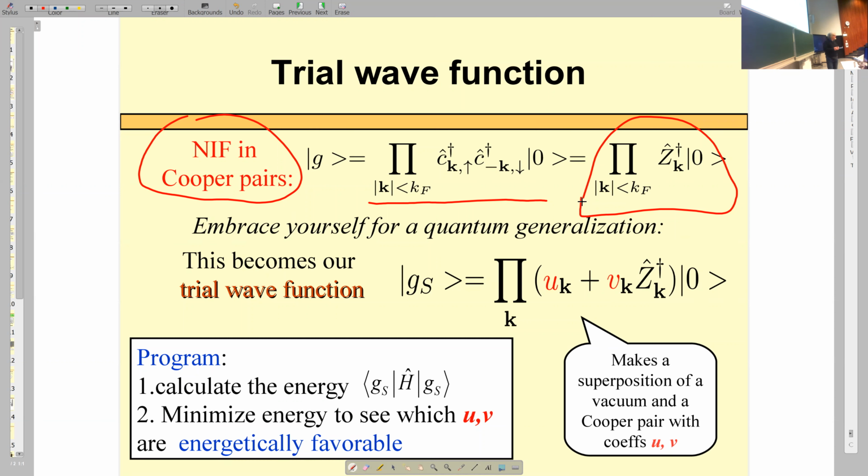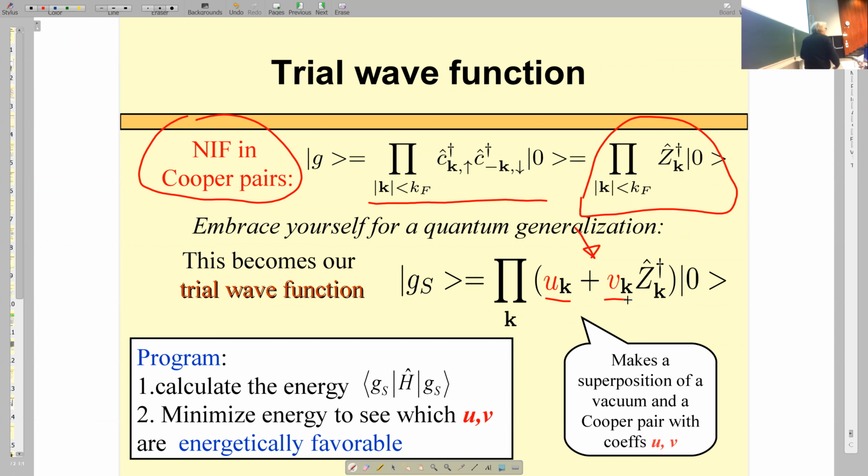So the general trial wave function is as follows. For each pair of states with k spin up, minus k spin down, we create a superposition of non-Cooper pair and single Cooper pair. The coefficients of this superposition, kind of probabilities to create or not to create, are these U's and V's.